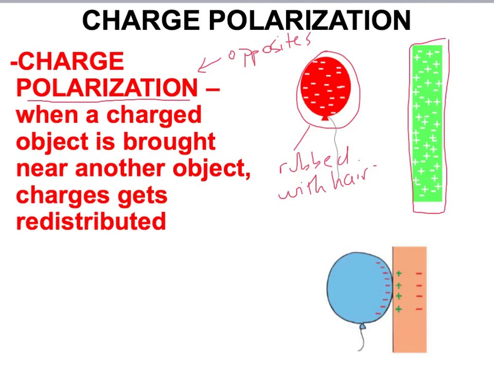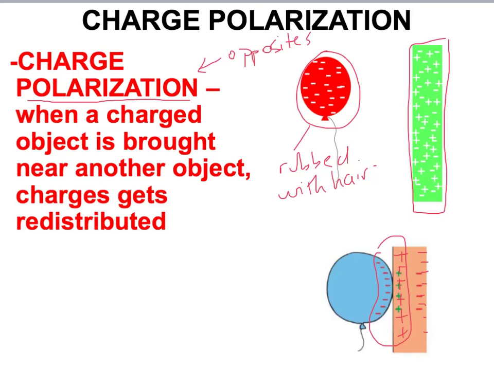Now you can see here, and here's a wall, that those positive and negative charges are pretty evenly distributed throughout the wall. Then when you bring that negatively charged balloon close to the wall, all of those positive charges of the wall want to be close to the balloon because opposites attract, and all of those negative charges want to move away. Since these opposites attract, that's how the balloon can stick to a wall after you rub it on your hair.